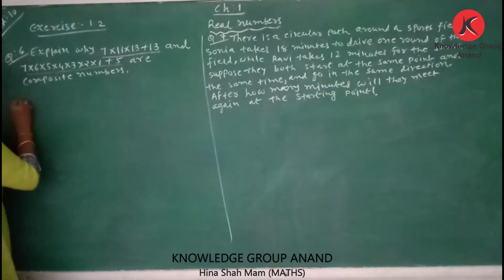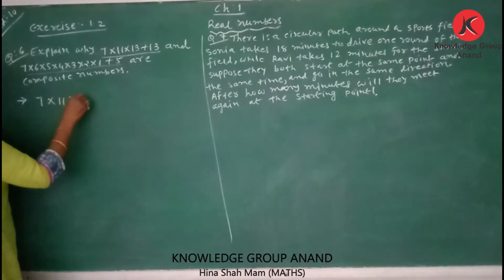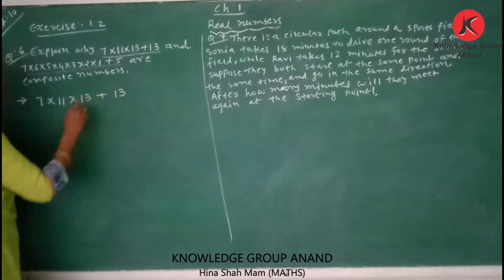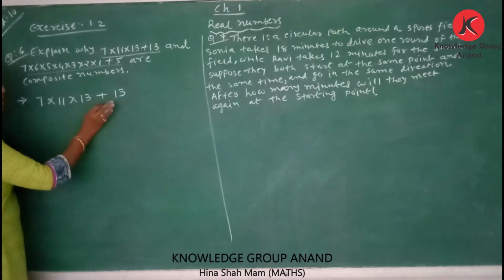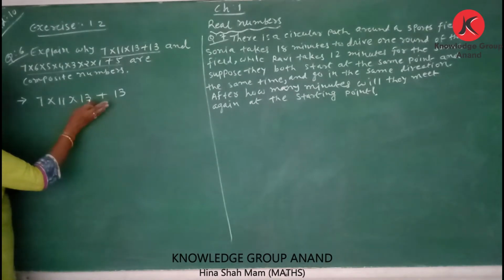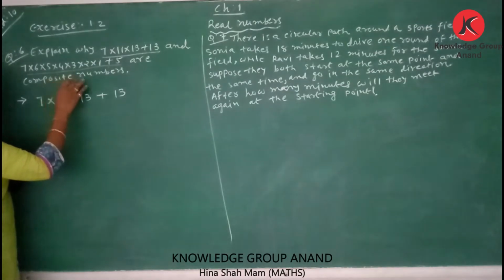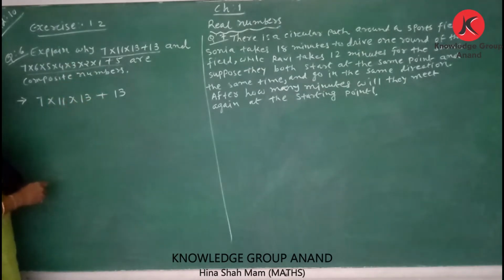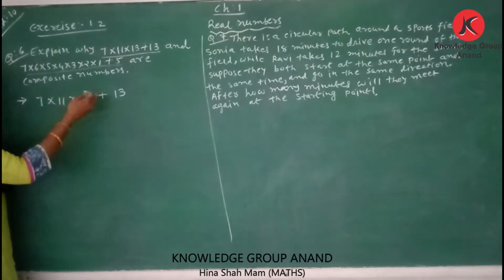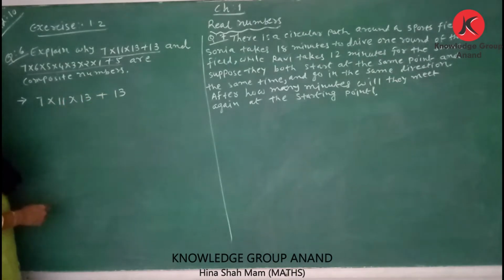First we take 7 into 11 into 13 plus 13. This number is a composite number. We show that this number is composite, because it has more than two prime factors.